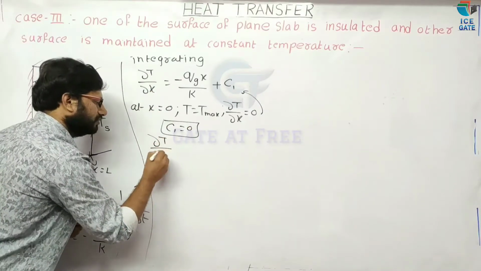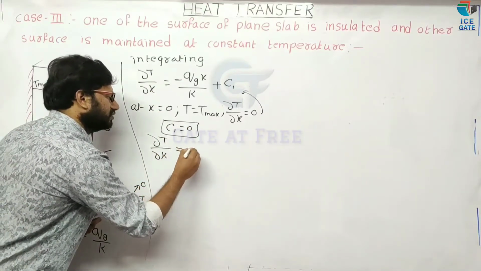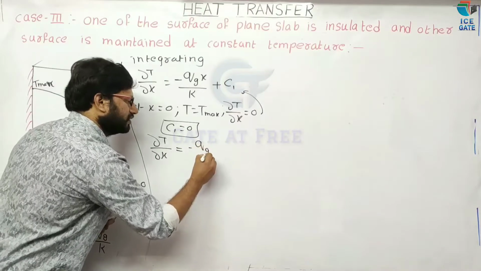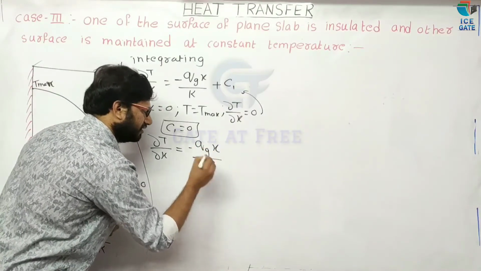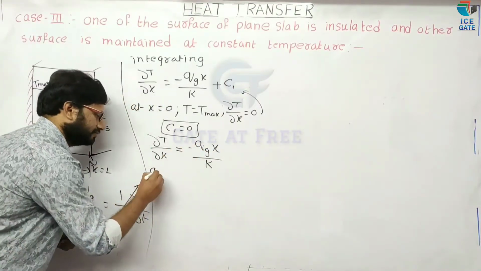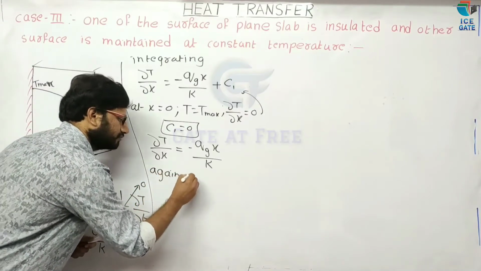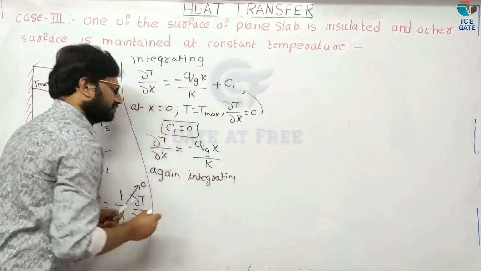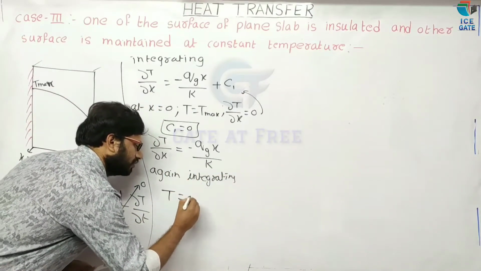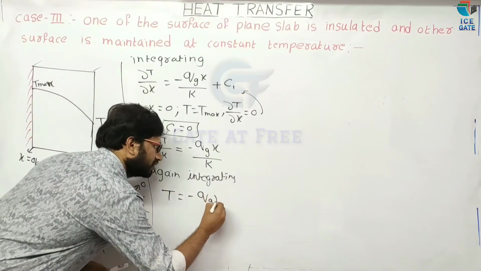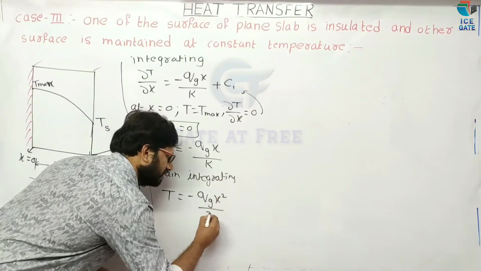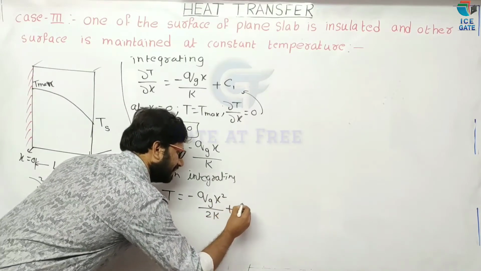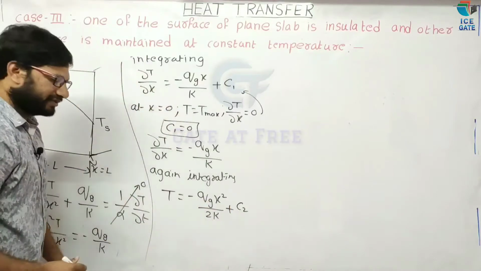Now the equation will be ∂T/∂x is equal to minus qg x/k. Now again integrate on both sides, we get T equal to minus qg x²/2k plus C2.